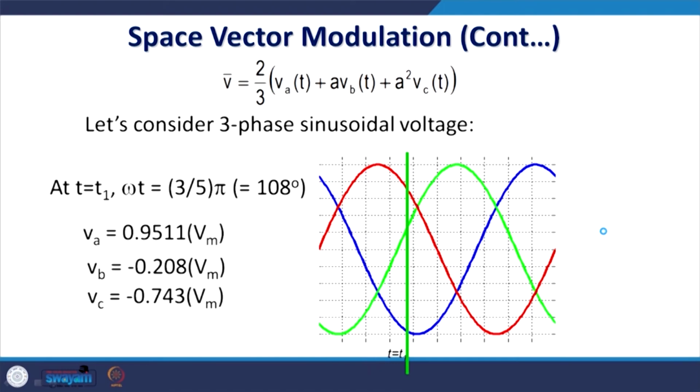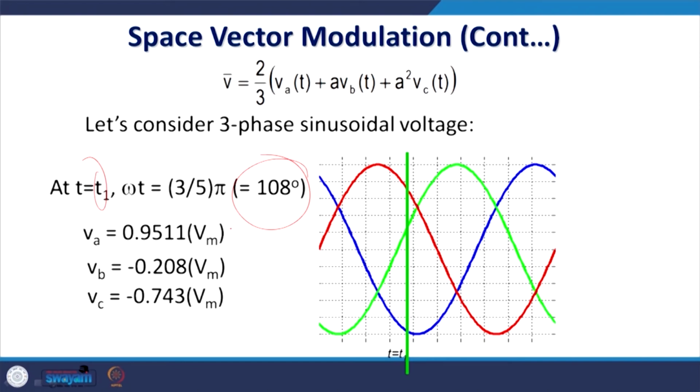Let us consider an instantaneous value over the sine wave for all the 3 phases. Let us say that t equals T1 and omega t equals 3 pi by 5, that means at 108 degrees, somewhere here.